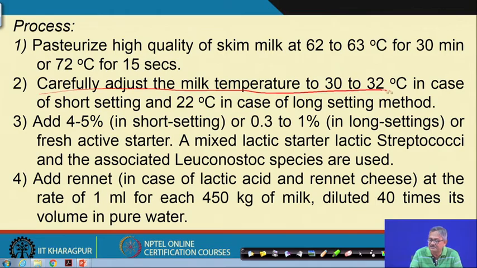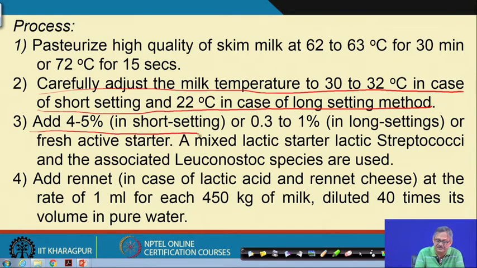milk temperature to 30 to 32 degrees centigrade in case of short setting, and 22 degrees centigrade in case of long setting method. Add 4 to 5% in short setting or 0.1 to 1% in long setting, of fresh active starter.